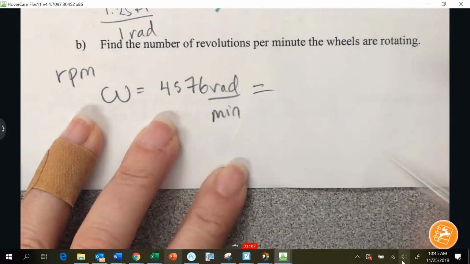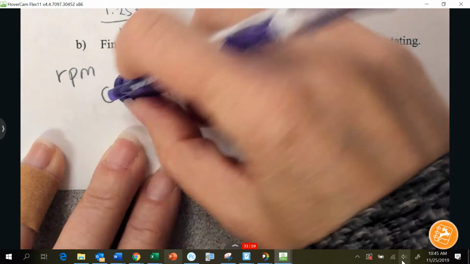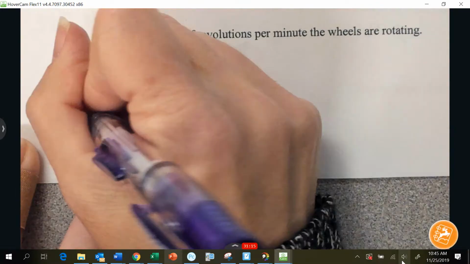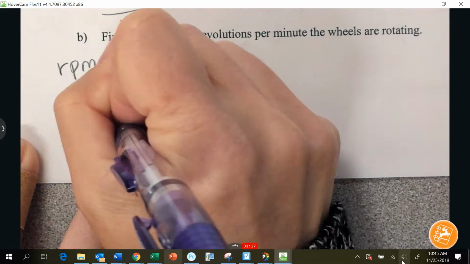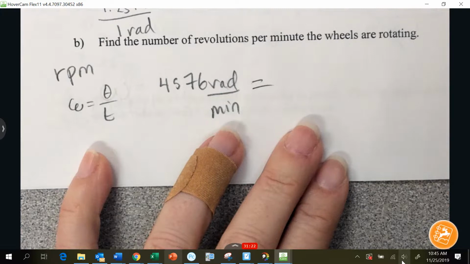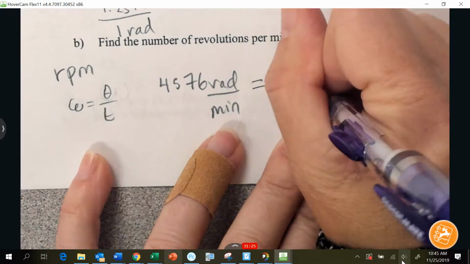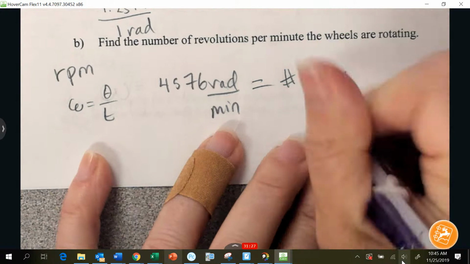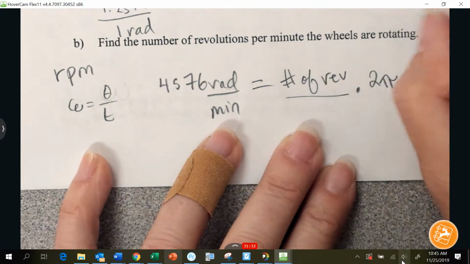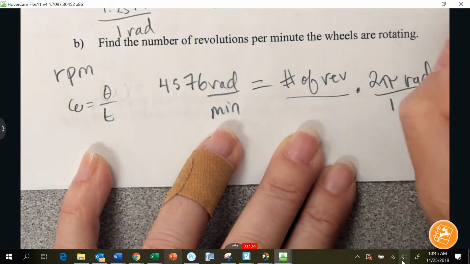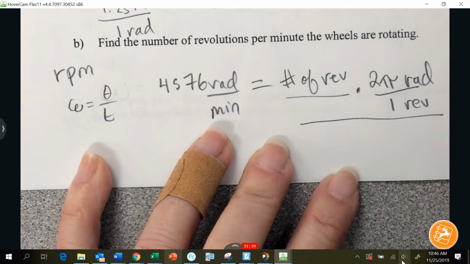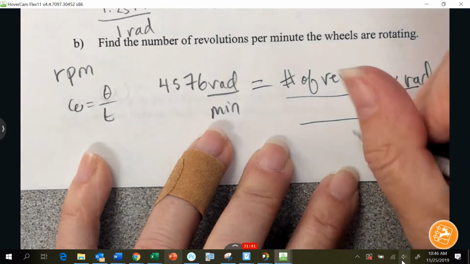So omega is going to equal theta over time. My theta is number of revolutions multiplied by 2 pi radians per 1 rev. And then we have to divide that by time. So I'll divide it by minutes.